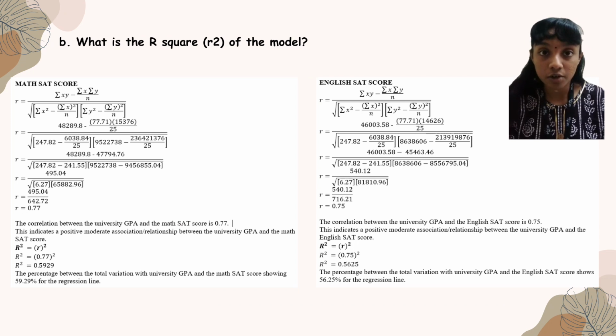And for the last, the correlation between the university GPA and the math SAT score is 0.77. The percentage of total variation between university GPA and the math SAT score is 59.29% for the regression line. The correlation between the university GPA and the English SAT score is 0.75. The percentage of total variation between university GPA and the English SAT score shows 86.25% for the regression line.